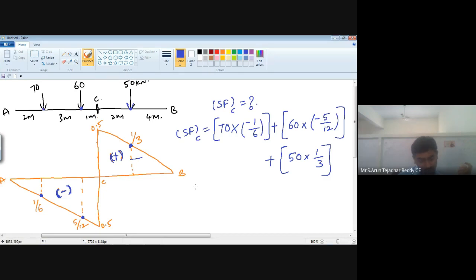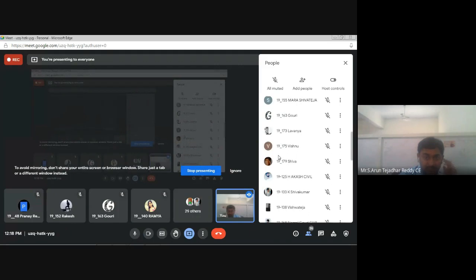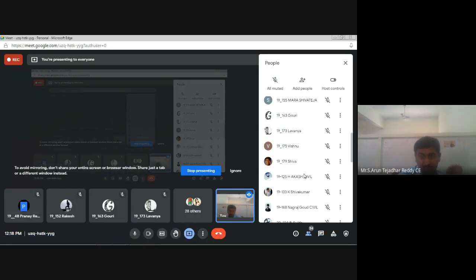Now, anyone tell me the value of shear force at C? What is the value of shear force at C? All of you calculate this value. Tell me the value. Fast. Lavanya, what is the value of shear force at C?